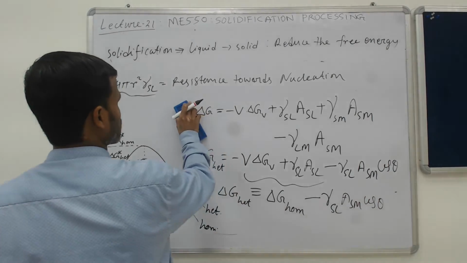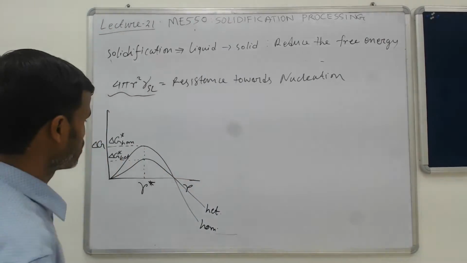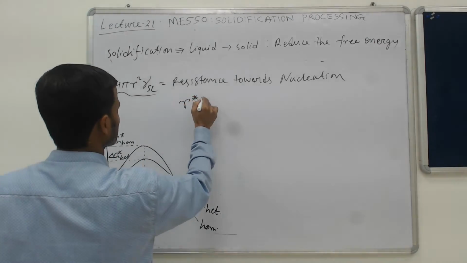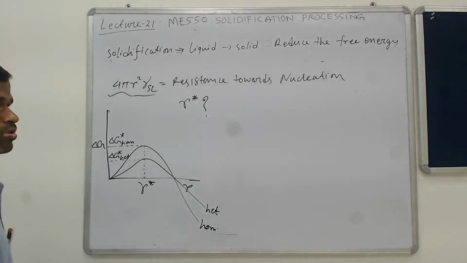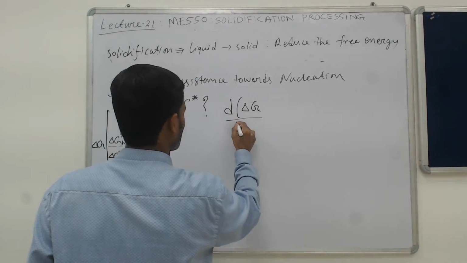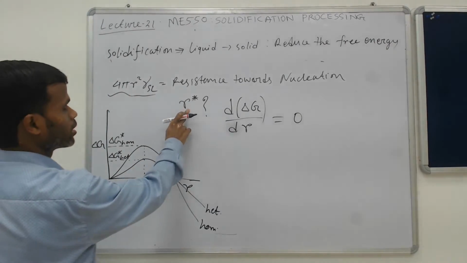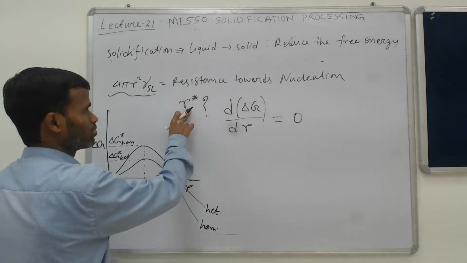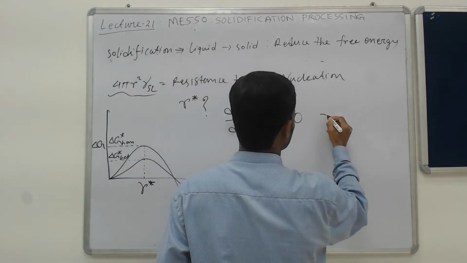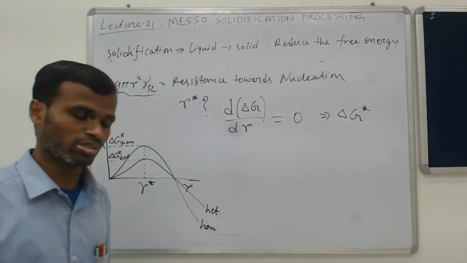Now let us write down how to find these critical values of R star and delta G star. If you know the expression for delta G, you can take the derivative, d delta G by dr, and set it to 0. Then you will get the value of R star. Now if you put the value of R star back into the delta G term, you will get delta G star also, both for homogeneous as well as for heterogeneous nucleation.